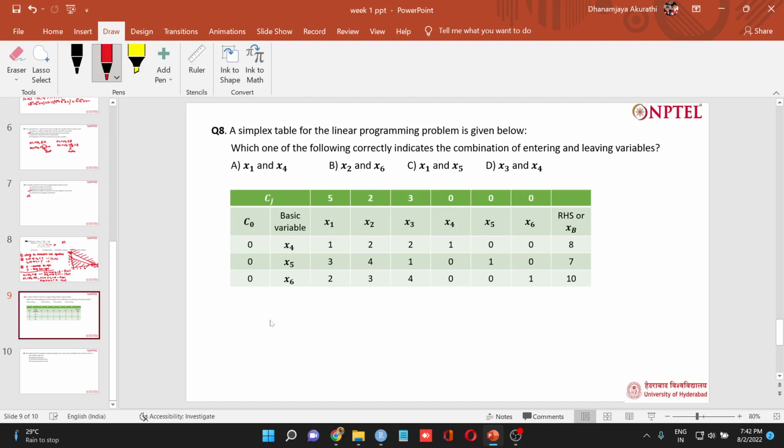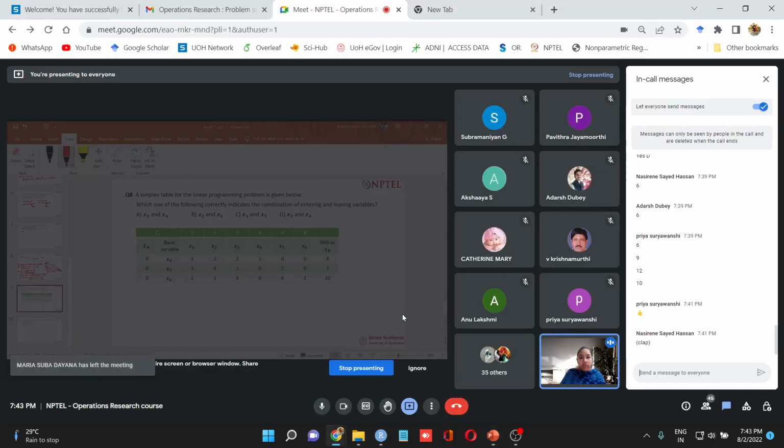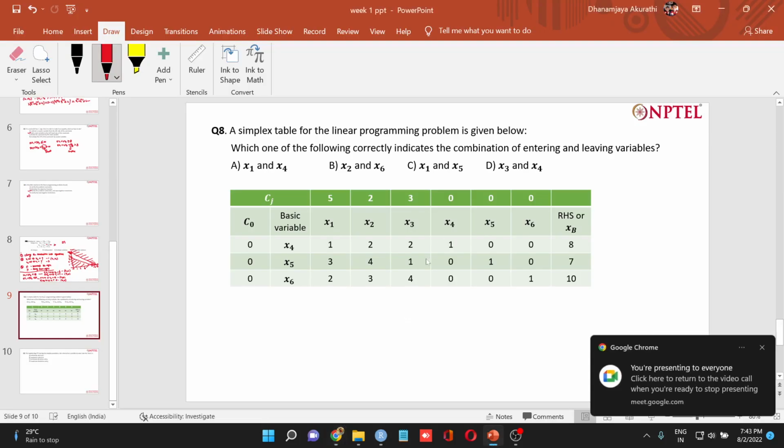To know what an entering variable is, we have to do the deviation step. Entering variable means the maximum deviation entry should enter, and for the leaving variable we need to find the minimum ratio test. Then we can get the entering variable and the leaving variable.